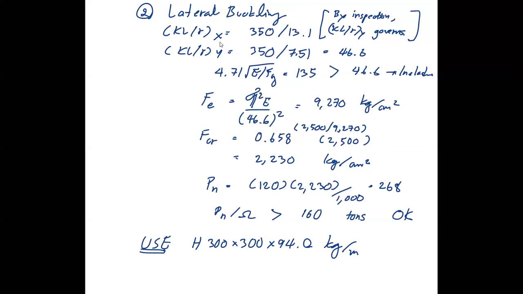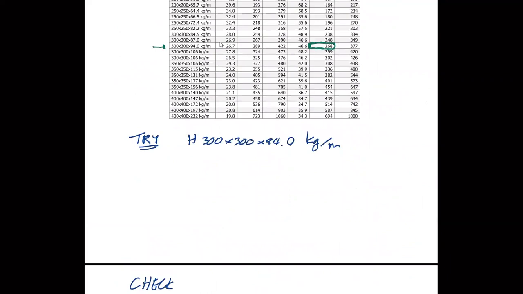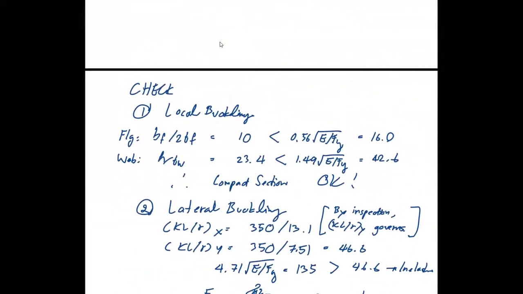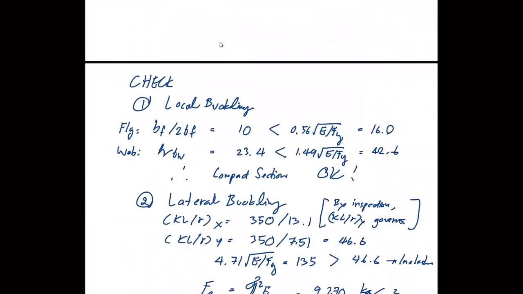But I think it is always a nice thing to do because, as I say, design is the action where you create something out of nothing. So you will always begin by selecting the section here. It's not a bad thing to try to verify it, because even though the number is correct, you don't know about the local buckling.